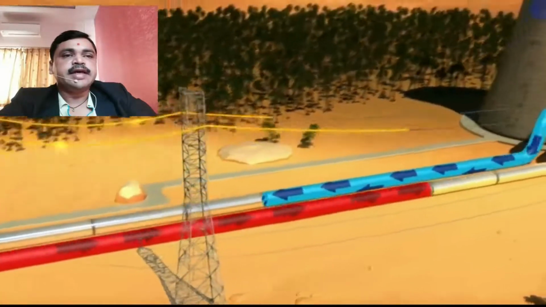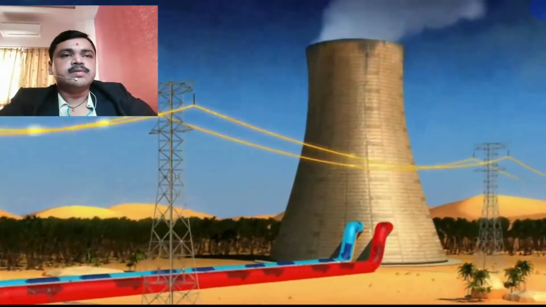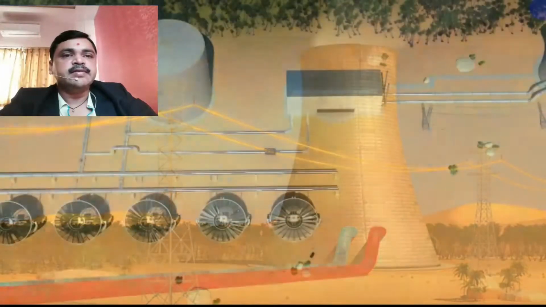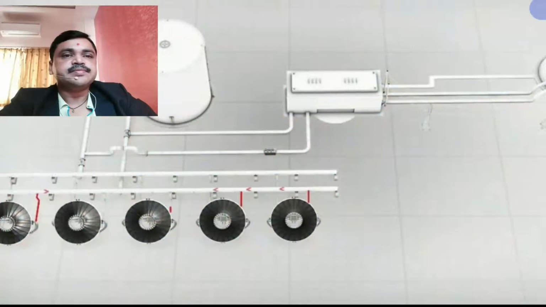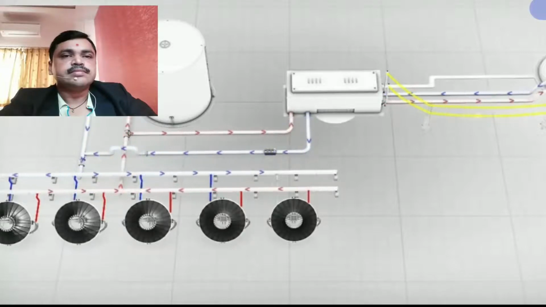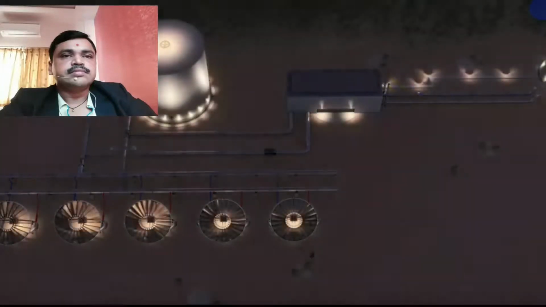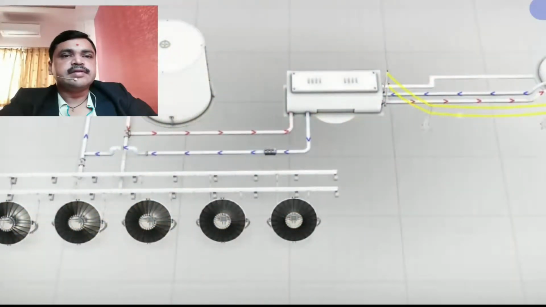So this is the actual situation of a power generating system and we get electricity. At night it is run by other energy sources.